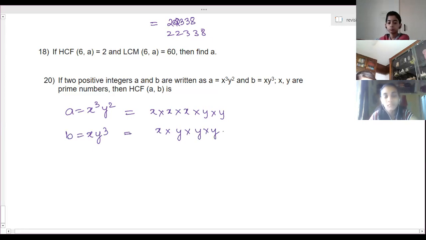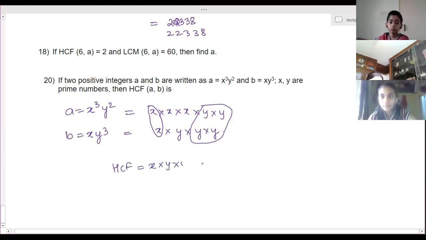Now take out the HCF, which is the common factors. Check how many factors are common here. So x is common and y square is common, right? So HCF is x into y square. Clear?